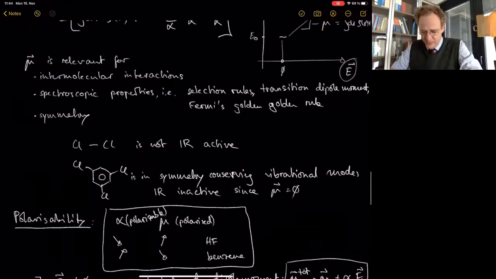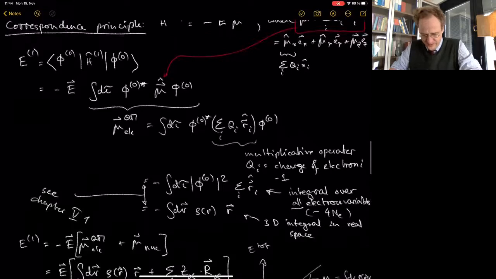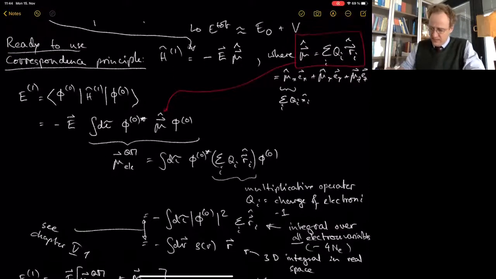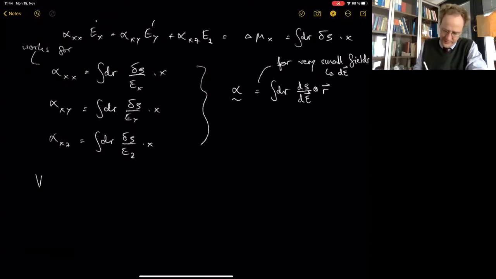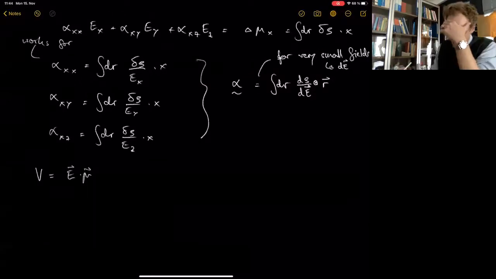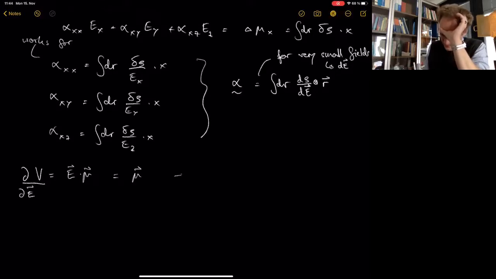And so if you think back about your energy contribution, we get our V equals E times mu, right? And now we differentiate this once with respect to E. Then you write this as mu. You differentiate it twice. Then in the mu, you get the alpha. Okay.